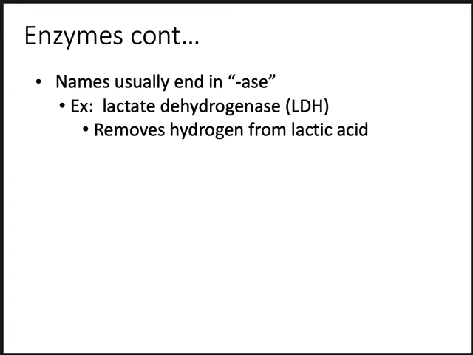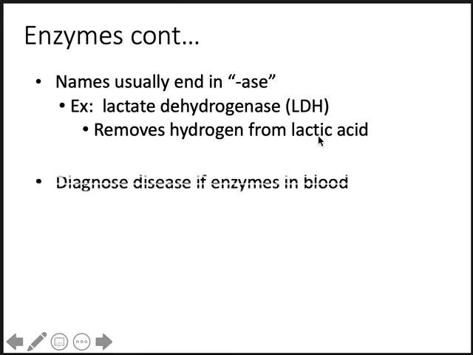So it turns out, we're removing a hydrogen from lactic acid. And that's why it's called lactate dehydrogenase. ACE, because it's an enzyme. What is the enzyme doing? It's removing a hydrogen. Okay, so names can tell you a lot about function, right?